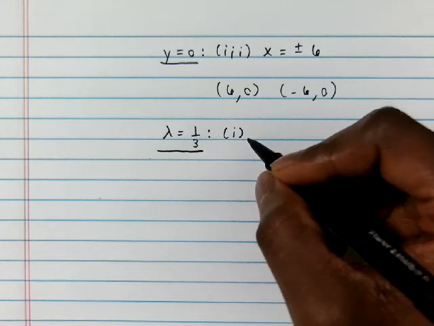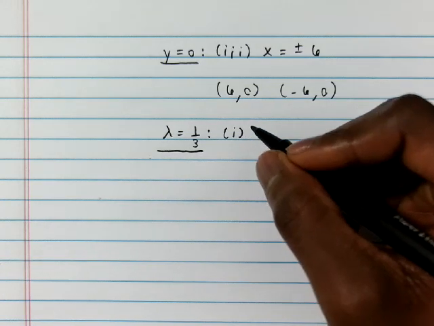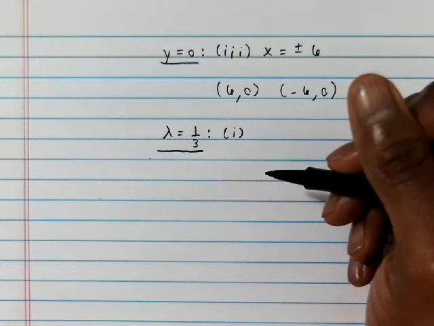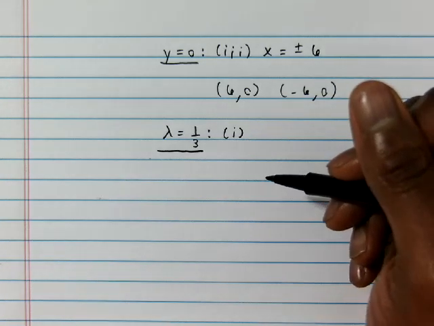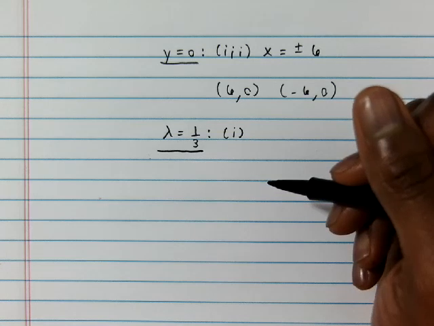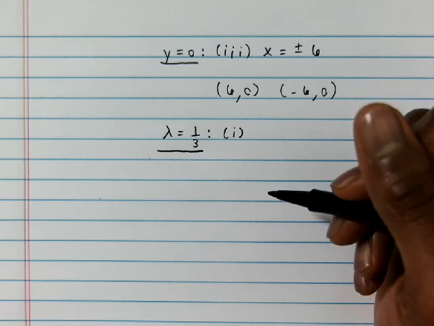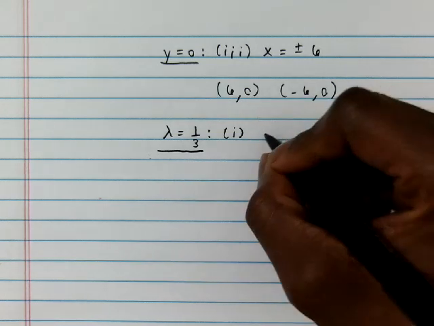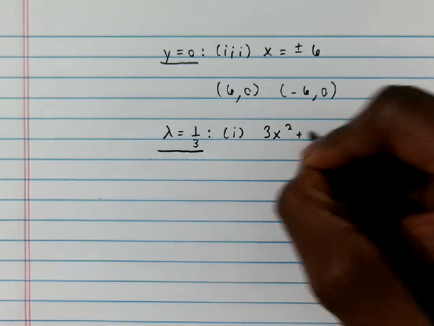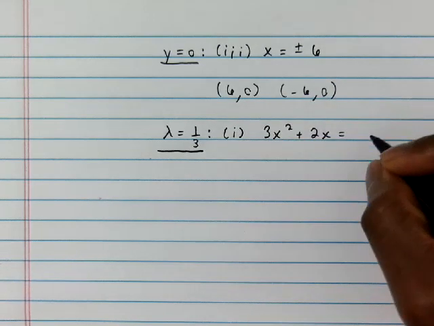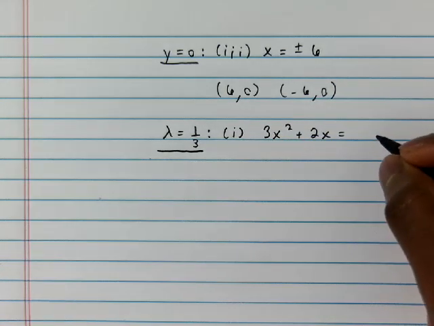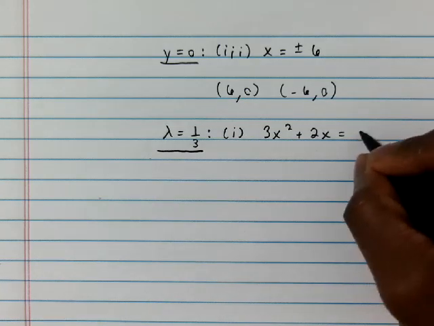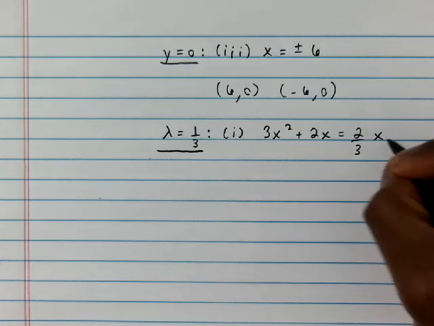Our equation 1 was 3x squared plus 2x equals lambda times 2x. So we end up with 3x squared plus 2x equals 2/3 x.